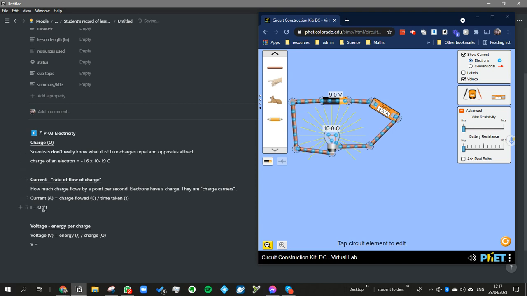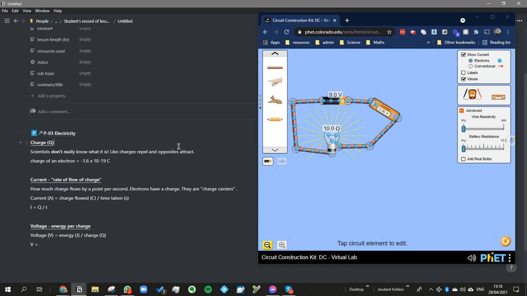The symbol is the letter that means the word. So we write Q instead of writing charge, but the unit is the thing that we measure it in. So when we say how much charge is there, we would say a number of coulombs.